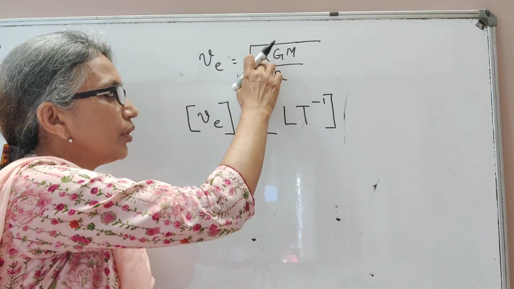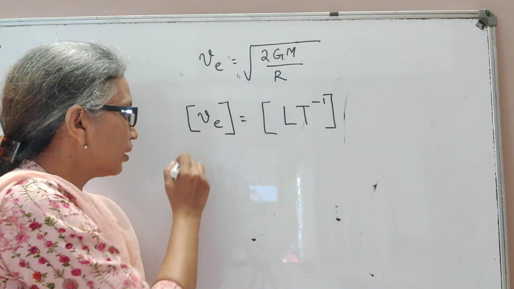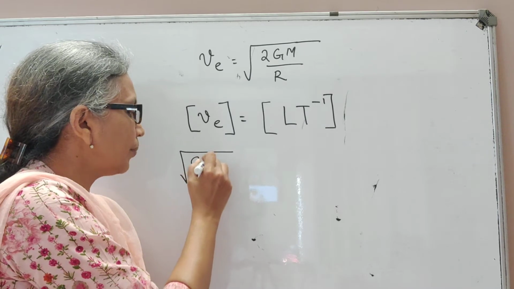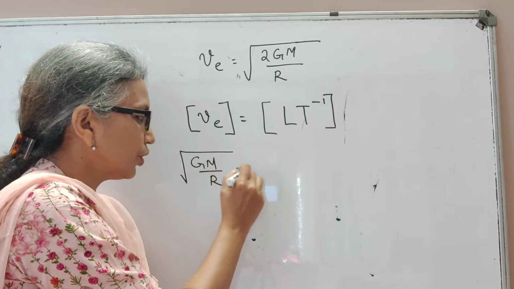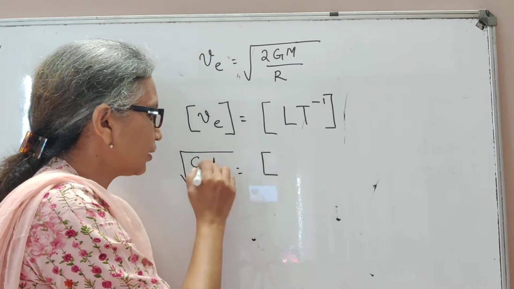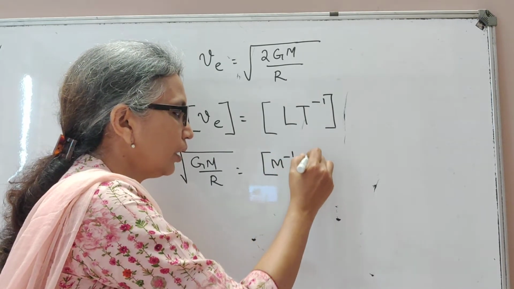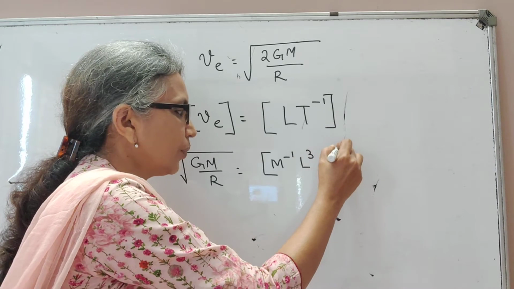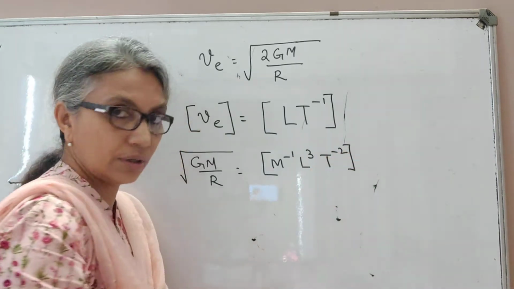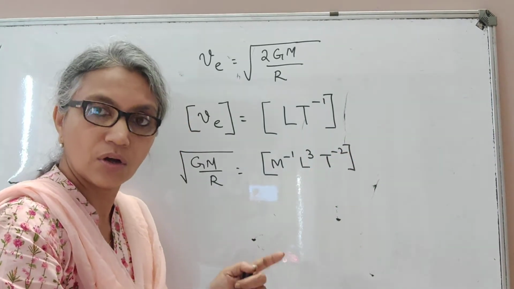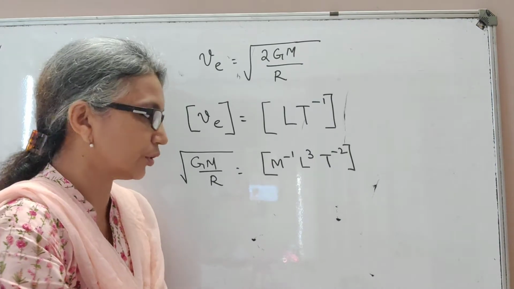So I will ignore the 2 and the remaining is root of GM by R, where G has the dimensions M raised to minus 1 L cube T raised to minus 2. This you may check, it's there behind your textbook, or you may check in that table that I sent you.